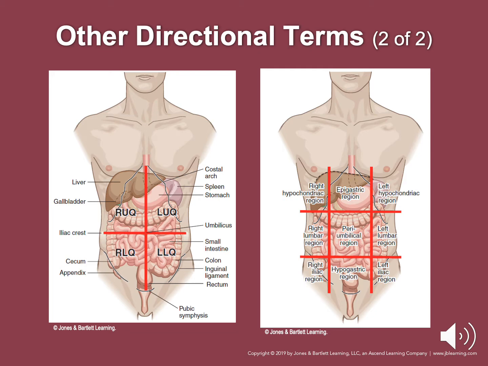We can highly recommend, or we may have a suspicion, but we cannot truly diagnose a patient. So we use the right upper quadrant, left upper quadrant, right lower quadrant, and left lower quadrant to describe their pain and area of discomfort.